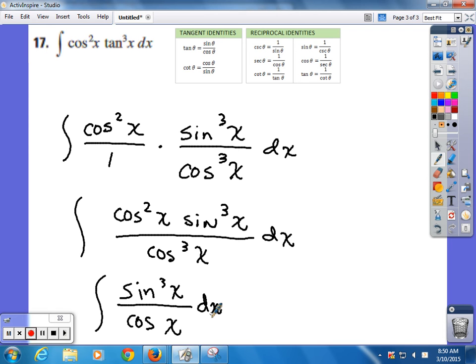Y'all supposed to be saying something. That's not rhetorical. Just forget about the cube. No, sine over cosine. You got to take the integration. You got to do the antiderivative.